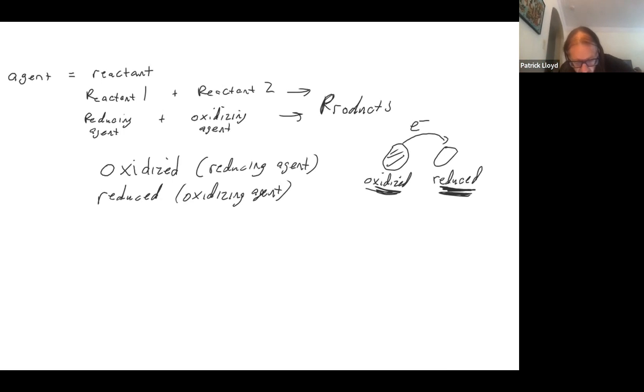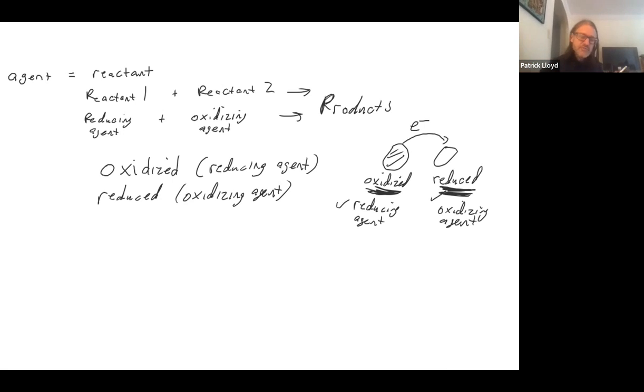This one is oxidizing this one, right? They're doing the opposites to each other. So this one would be called the reducing agent, and this one would be called the oxidizing agent. The reason we like that terminology better than oxidized or reduced, although we use those too, is because we might say, I have this substance and I want to take electrons from it so I can change it.